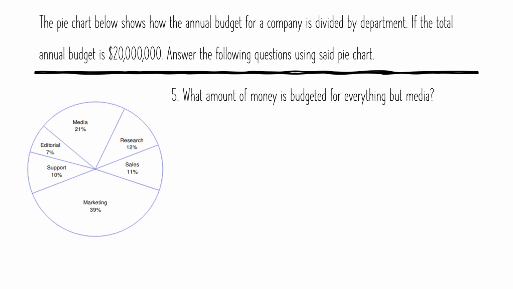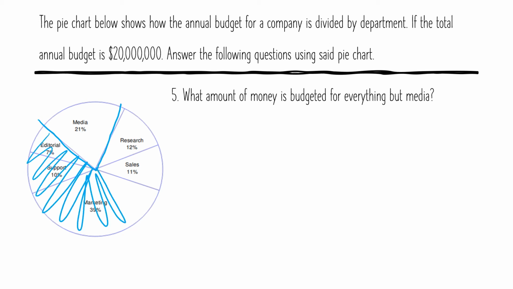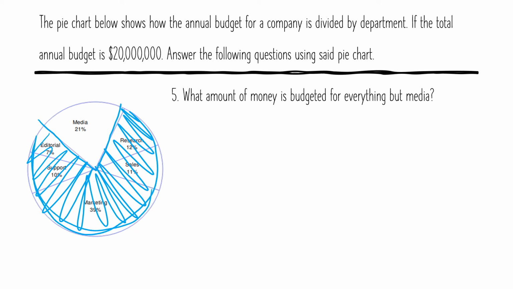Last but not least, we want to find out what amount of money is budgeted for everything but media. There's a couple different ways to do this. My recommendation is we think of it as this is everything but media, and this is what we want. So we want 100%. This everything is 100%. But we do not want to include media, which is 21%.